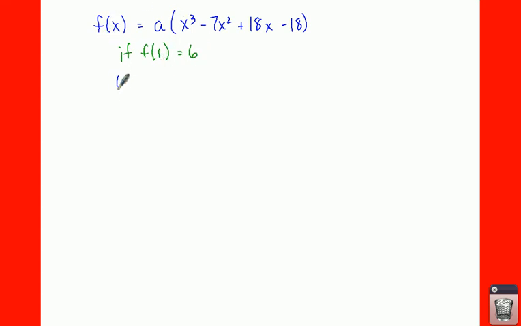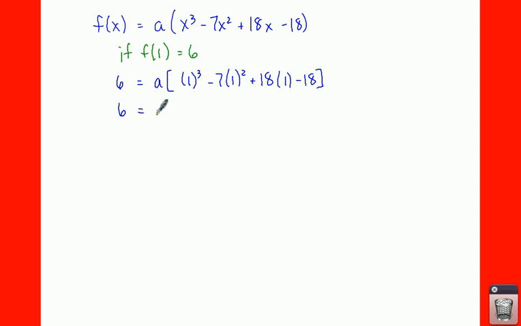So we're going to say 6 is equal to a times, we're going to have a 1 squared. So actually going to make this a bracket. So we're going to have a 1 cubed, sorry, minus 7 times 1 squared plus 18 times 1 minus 18.